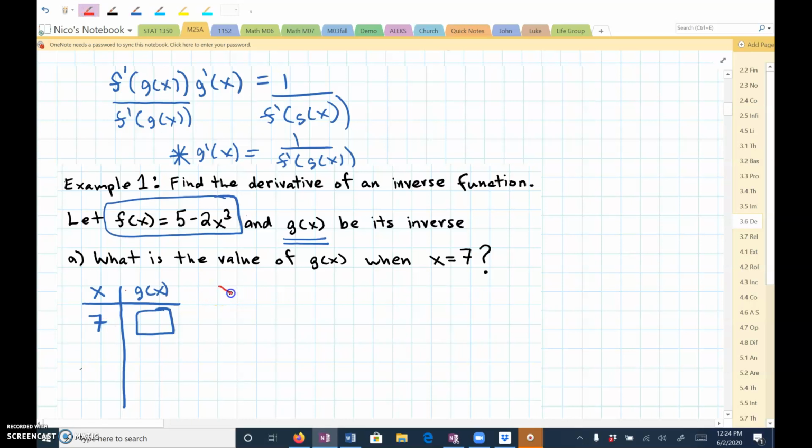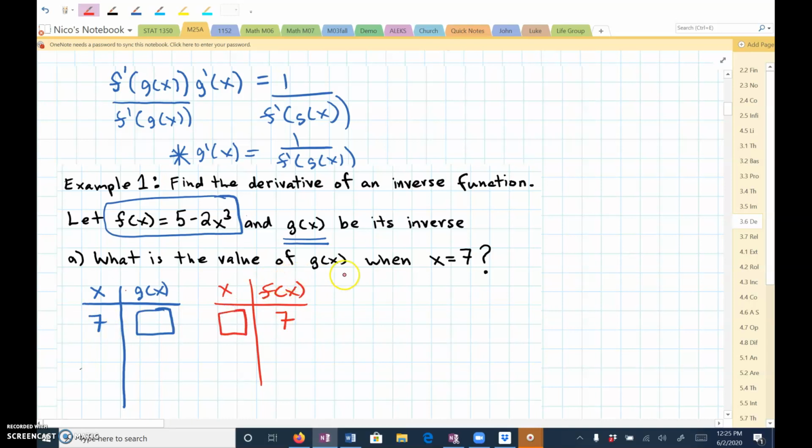Also notice that these are inverse tables of each other. So for g of x, if x is 7, then for f of x this would be 7, because the domain of this function is the range of this function.